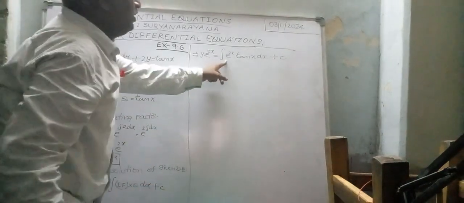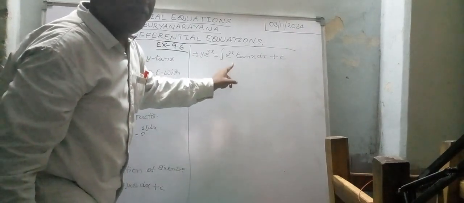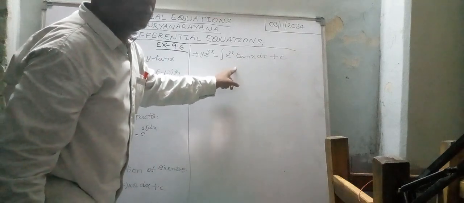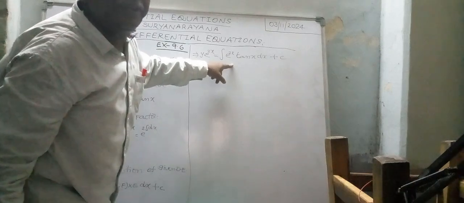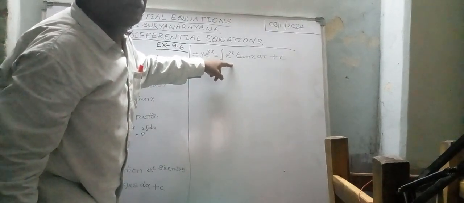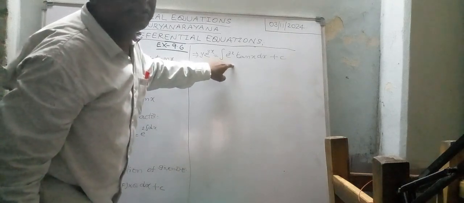So here we have to evaluate this integral. By which method can we evaluate this integral? Tell me. How do you find the integral of this function? You learnt several methods, various methods.